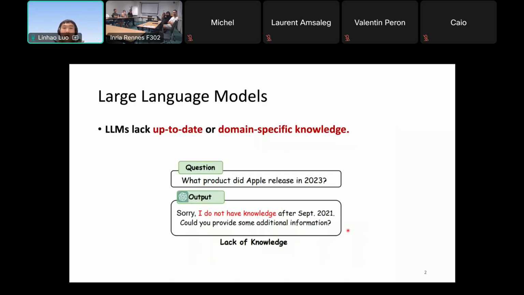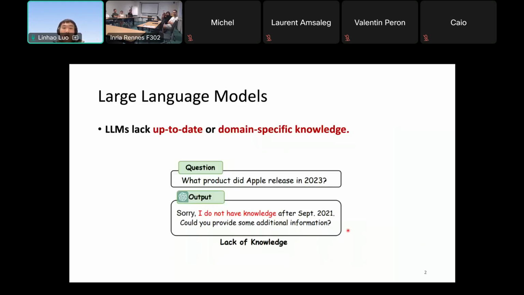Let's start with some background: why we need to enhance the LLM with the power of the graph and the graph foundation model. Even though large language models have been pre-trained on lots of corpus, they have been criticized for lacking up-to-date and domain-specific knowledge.